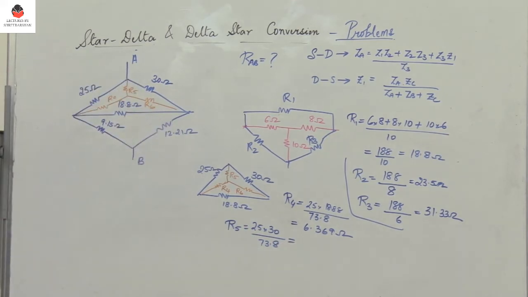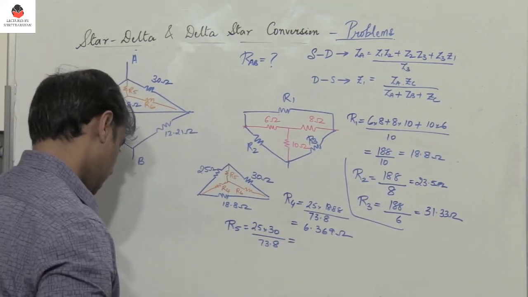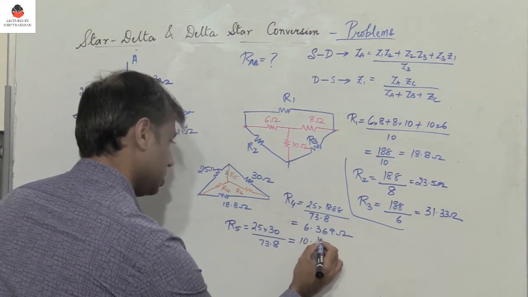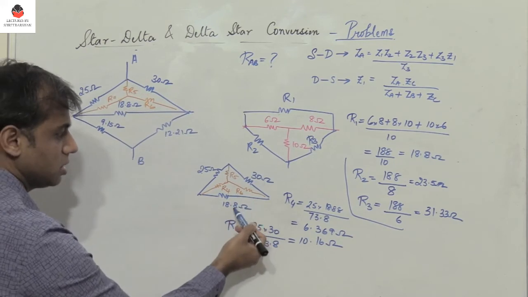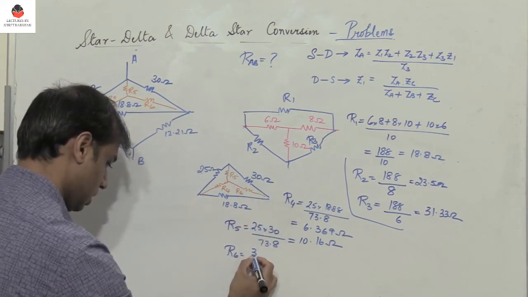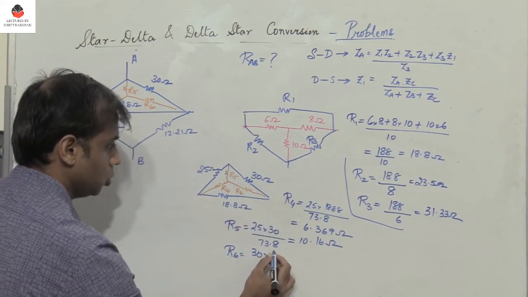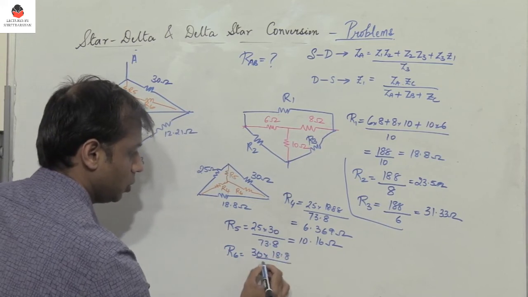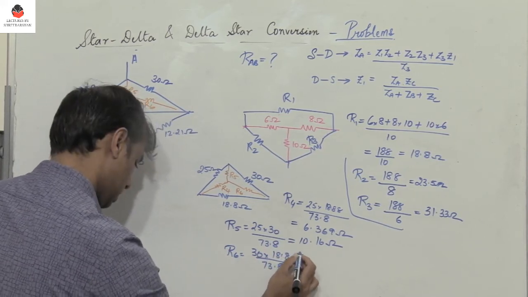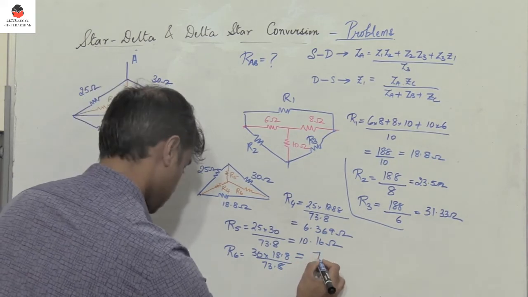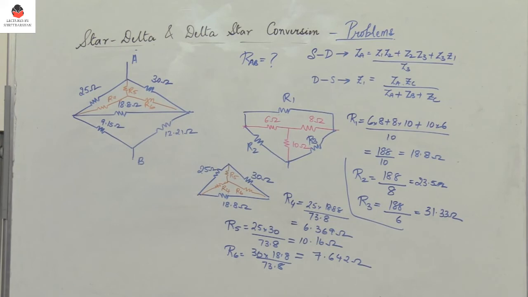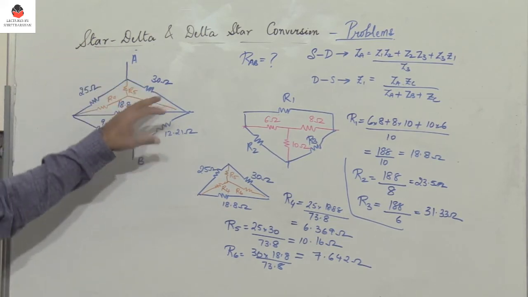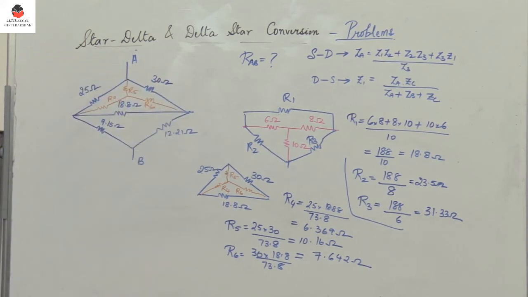So therefore R5 is 10.16 ohm. And similarly, what is R6? R6 is multiply these two resistors, 30 into 18.8 divided by 73.8, and the value what we get is 7.642, right?